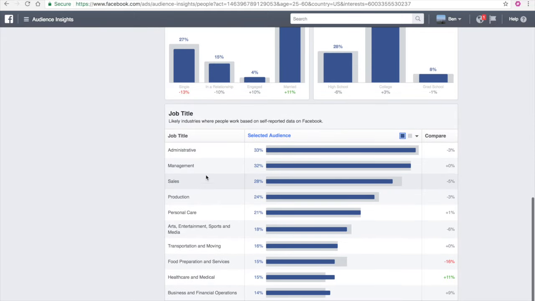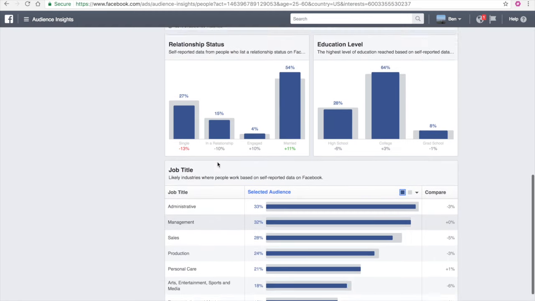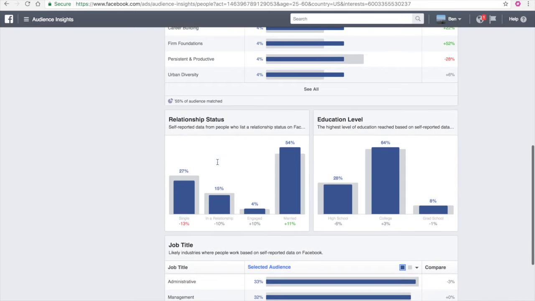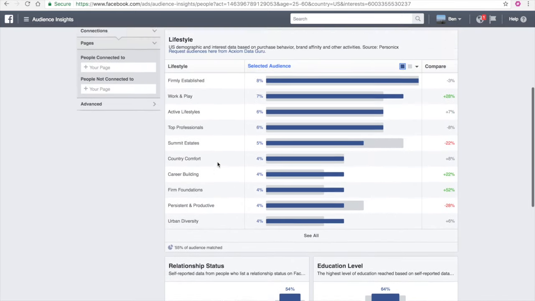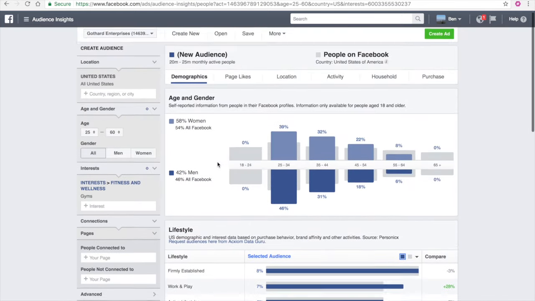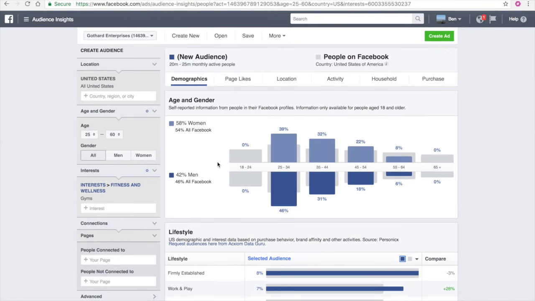Maybe they're a manager at a company or they're in sales, and so they have to deal with people all day, so they're kind of stressed, and they want some way to unwind and get healthy at the end of the day. So we're just kind of trying to go through and piece together who our audience is and what they're doing.